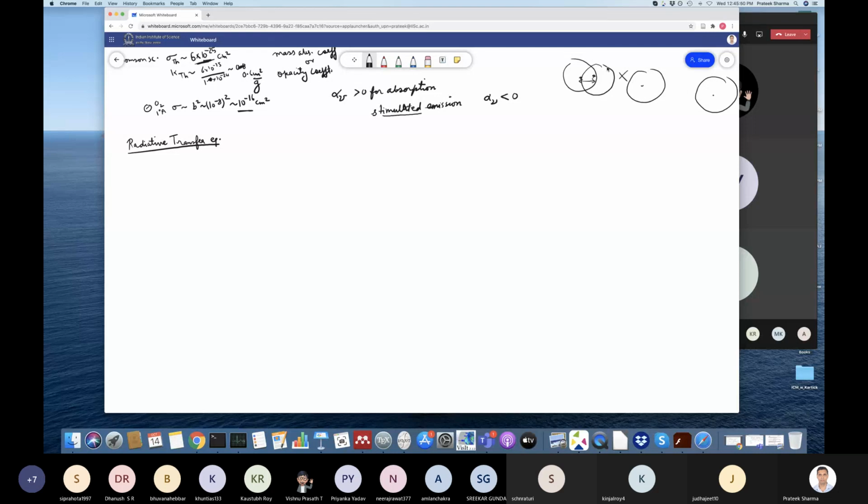Otherwise, if they are very, very close to each other, the cross sections do not just add. In the second situation, we can just add the area of this and this for the interaction. In the first situation, we cannot just add the areas, because the area is smaller, because there is overlap. So this is the reason.